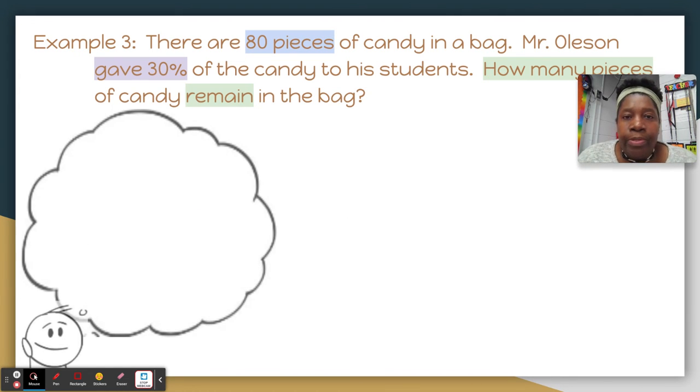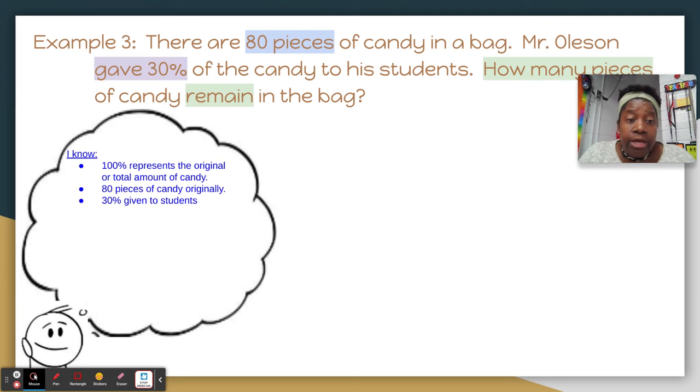Example 3. It says there are 80 pieces of candy in a bag. Mr. Olson gave 30% of the candy to his students. How many pieces of candy remain in the bag? So I'm going to think, well, what do I know? I know that 100% represents the original amount of candy in the bag.